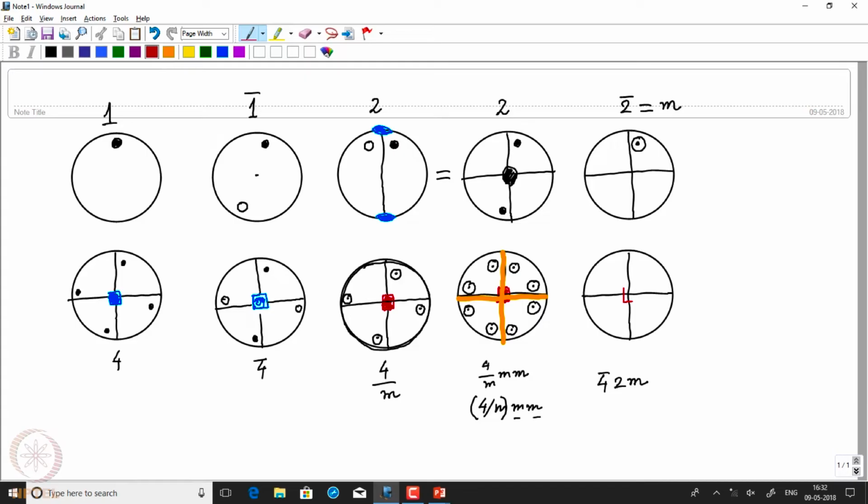So to start with, what we should generate is the 4 bar, as we have seen in 4 bar here on the left.